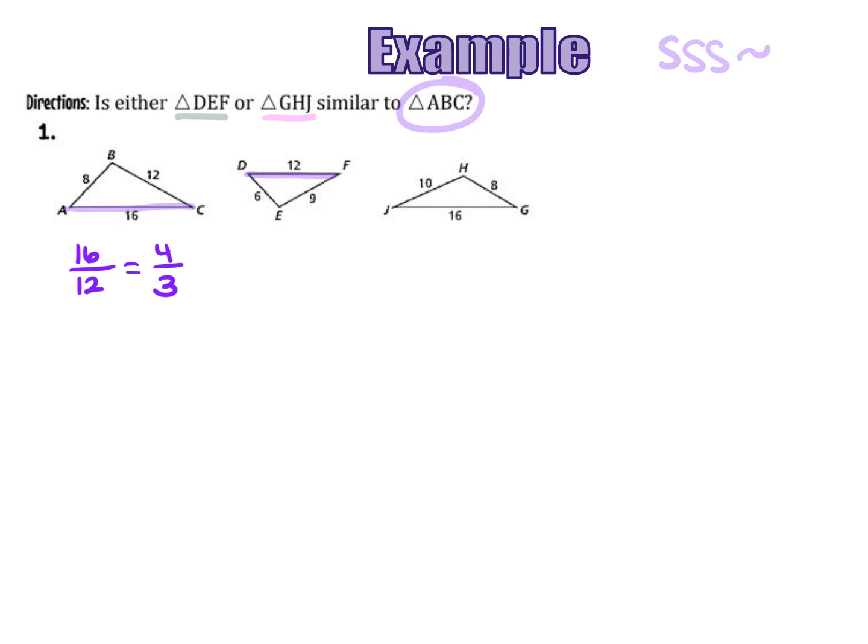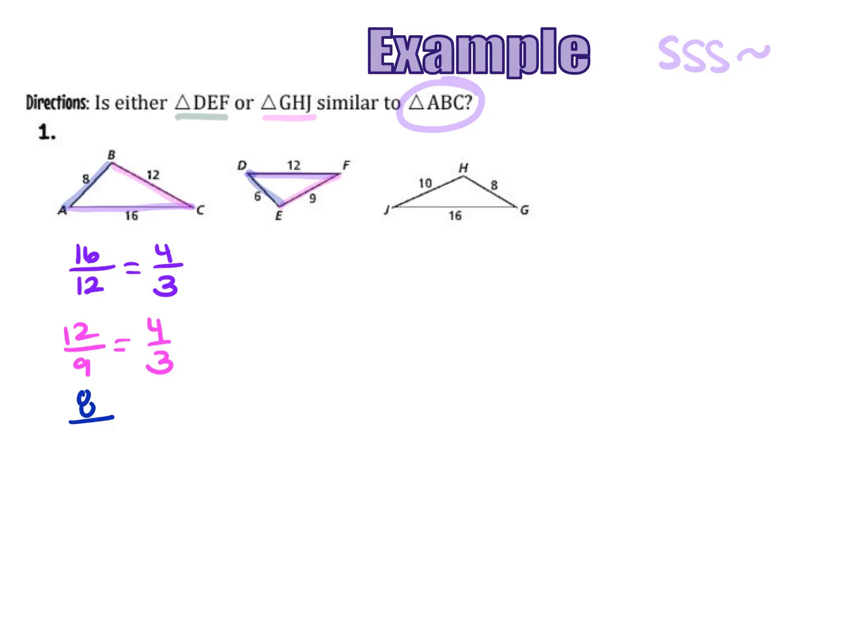That should be equivalent for the other 2 sides. So BC is 12 and EF is 9. Those are the 2 second longest side lengths. So I'm going to check that. 12 over 9, those are both divisible by 3, which is going to give me 4 over 3. So far, so good. And then I'm going to check the last set of sides, AB and DE.